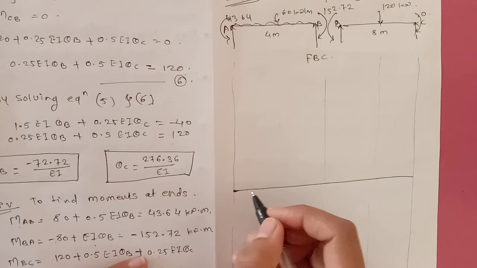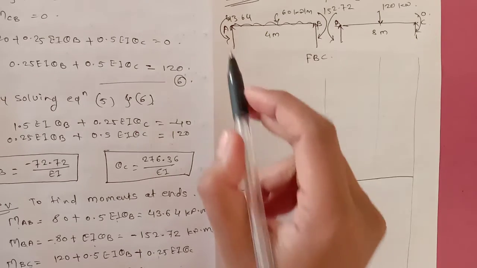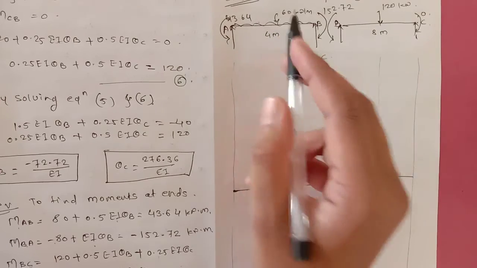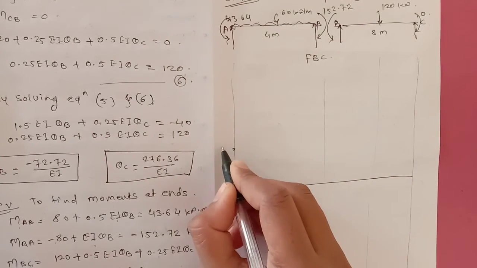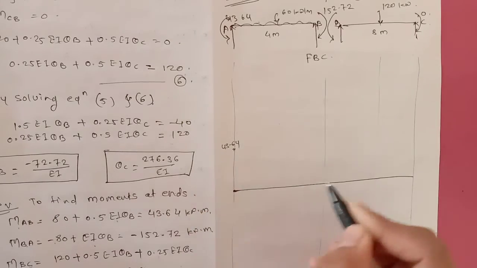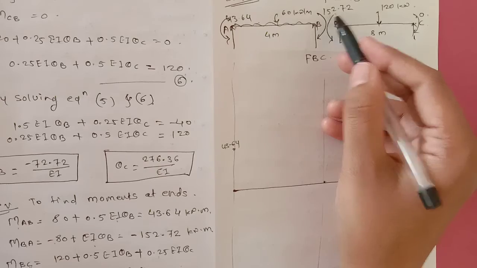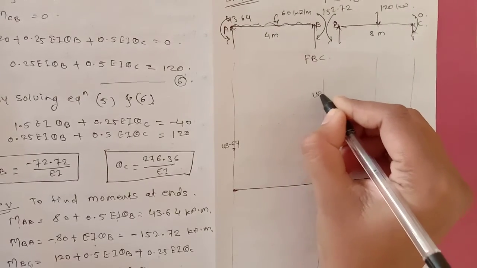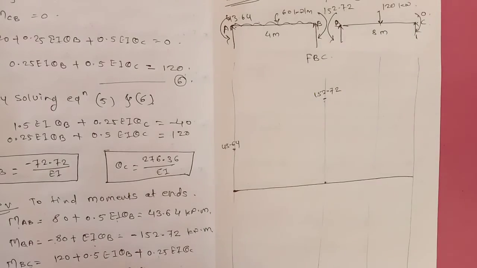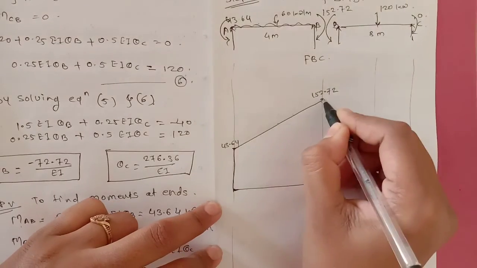After that, for AB member the end moment is 43.64, so take a point here, 43.64. After that, for joint B the end moment is 152, so approximately here 152.72, and last is C. So the end moment diagram is like that.